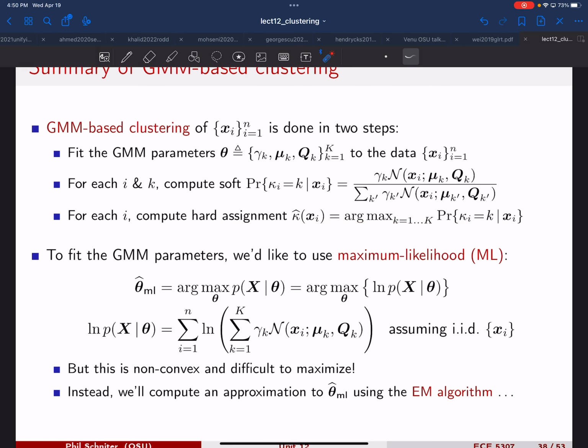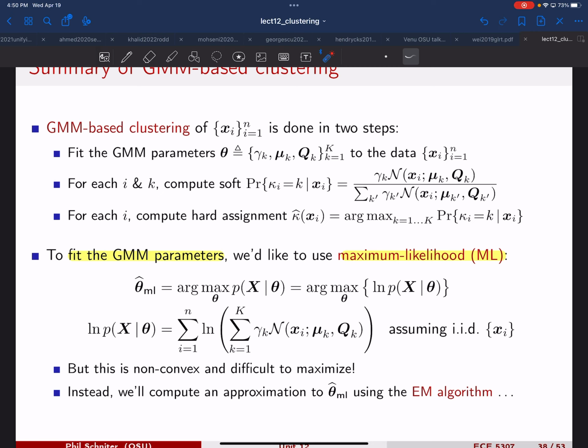Okay, so now the slightly harder part is fitting the Gaussian mixture model parameters. As always, we use maximum likelihood. What does that mean? It means find the thetas that maximize the probability of our data, x, given that hypothesis of parameters theta.